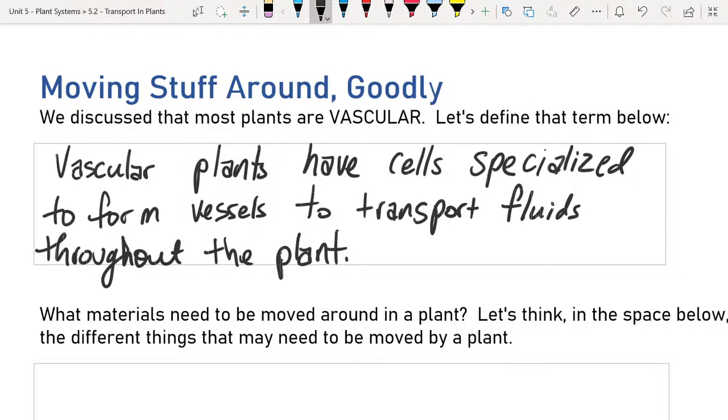So while I get the attendance done, I want to think about this next. What materials need to be moved around in a plant? So in the space below, I want you to put some stuff. I want you to do some brainstorming for me. What is it that we are actually moving around a plant? What materials have to get moved around?